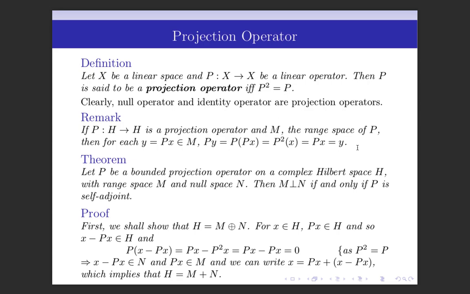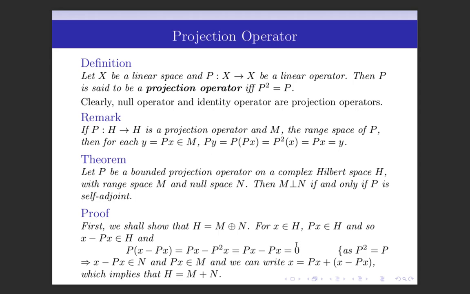And P of x minus Px is equal to Px minus P square x, since P is linear. And this is equal to Px minus Px because P square is equal to P, as P is a projection operator, and Px minus Px is 0.